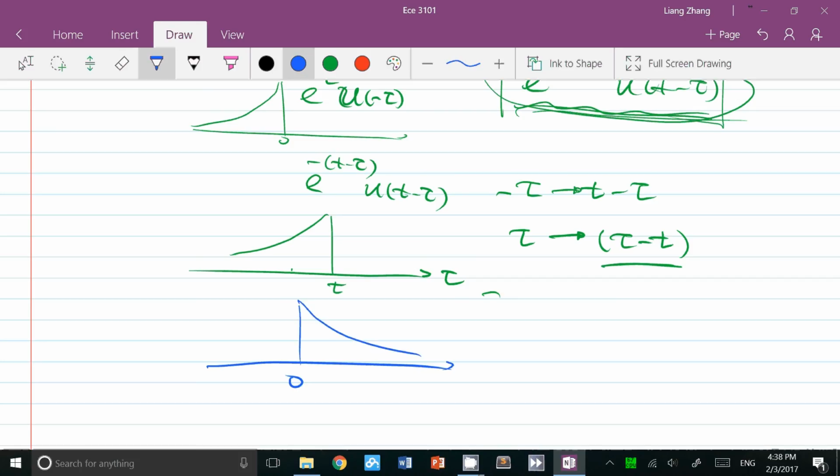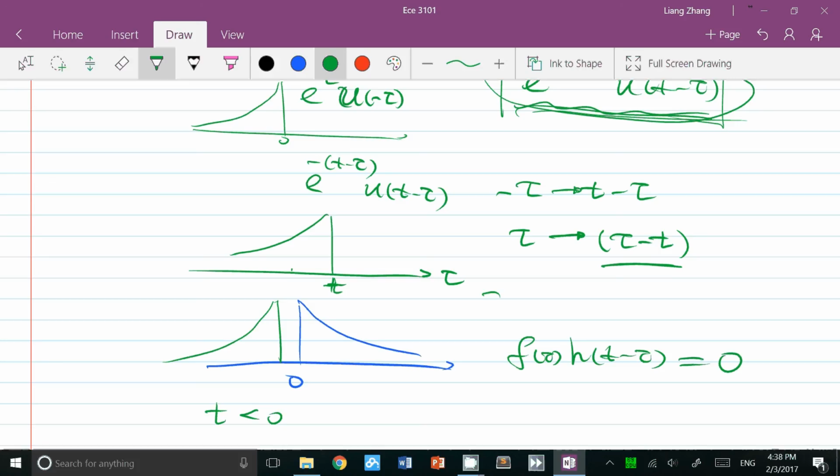when t takes different values, different things may happen. For instance, if t is something negative, then the other curve will look like this, and the blue multiplied by green will always equal to 0.